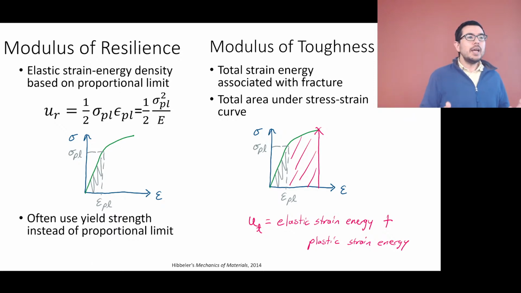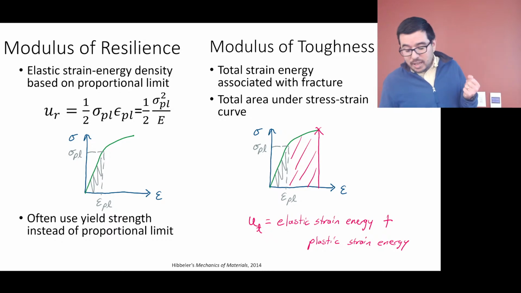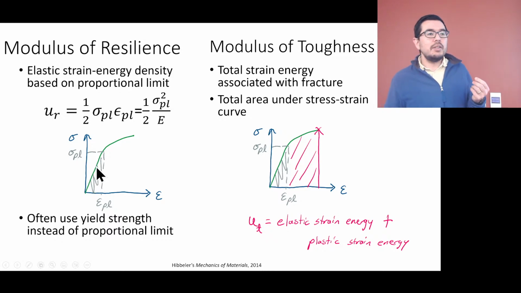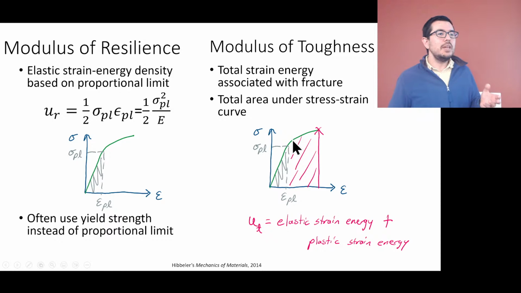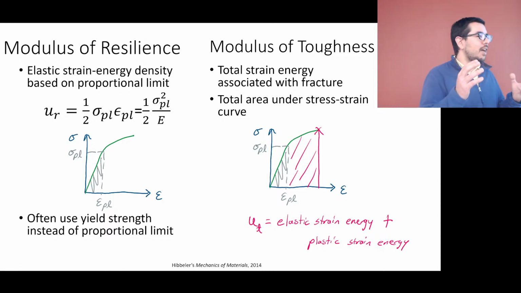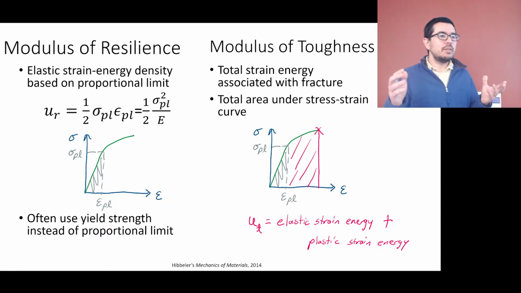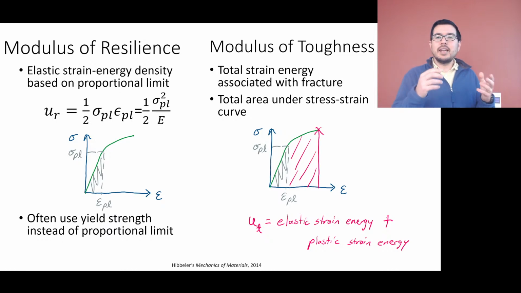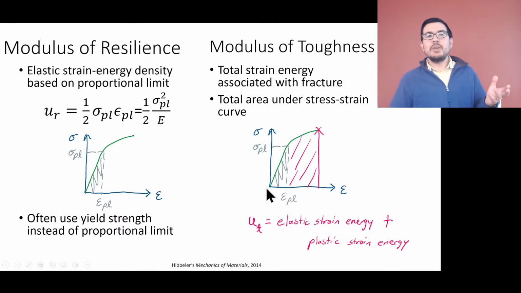But is it possible to have a very tough material that breaks right here, but because it has a high slope and stays elastic for a long period of time, it is still tough, but not very ductile because it doesn't get to a very long percent elongation? Maybe.